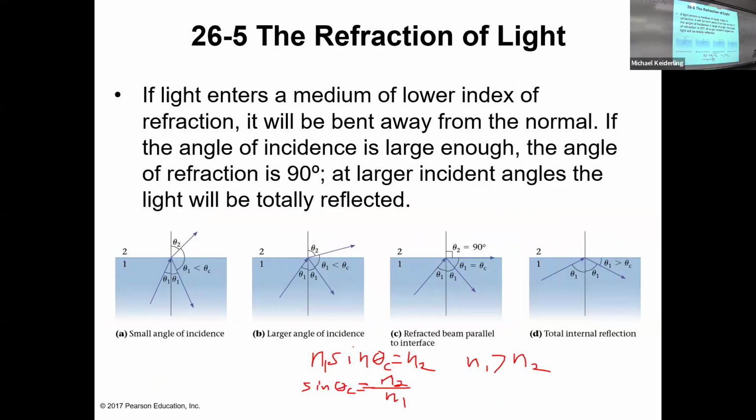Well, if you're above the critical angle, where theta 2 would equal 90 degrees, you get what is known as total internal reflection. And you can find that critical angle. The sine of that critical angle is going to be n2 over n1, where n2 is the lower index of refraction material and n1 is the higher index of refraction material.